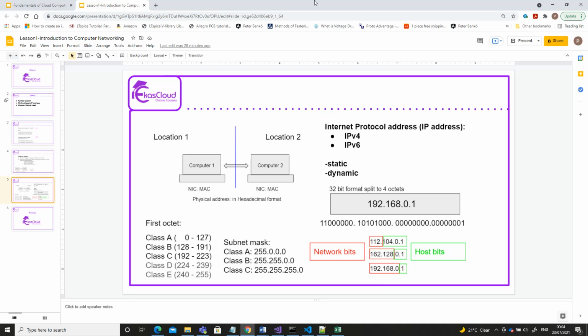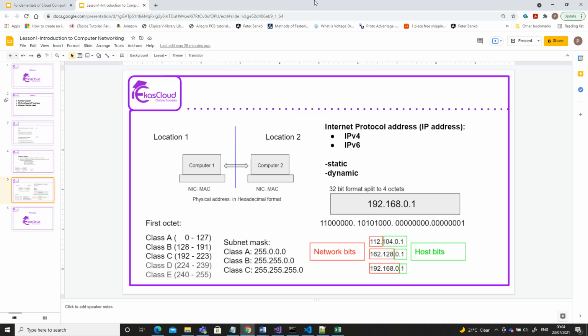So in the binary system, if we write down the numbers, then soon we find out that those are actually 32-bit format numbers, creating a 32-bit format number.